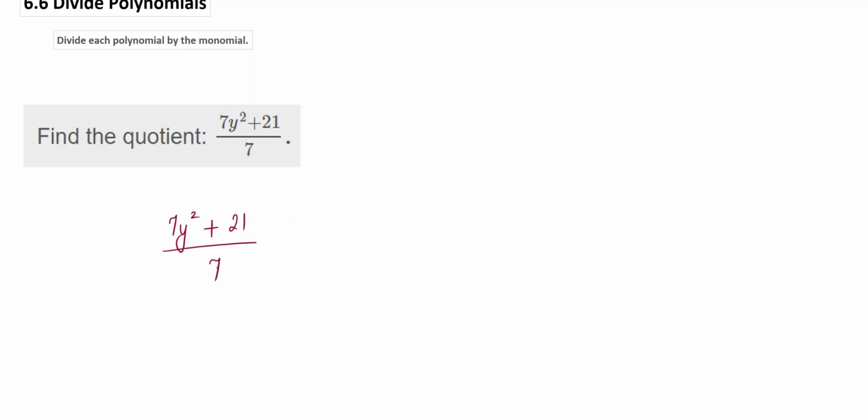Now, in order to divide this, with regular numbers, we used to do long division, right? But here we're trying to look at the idea of LCD. I'm going to show that by the side here. Let's say x over 3 plus 5 over 3.